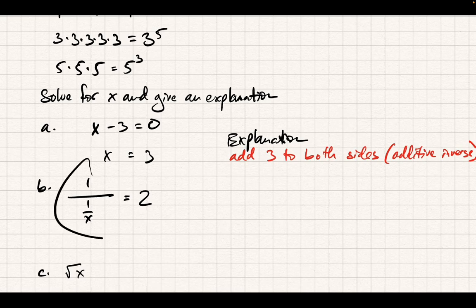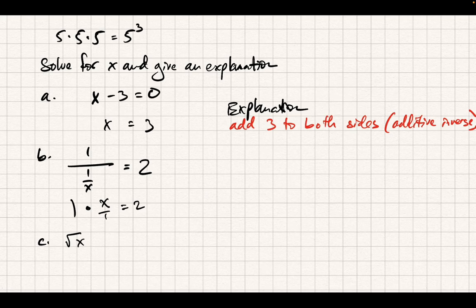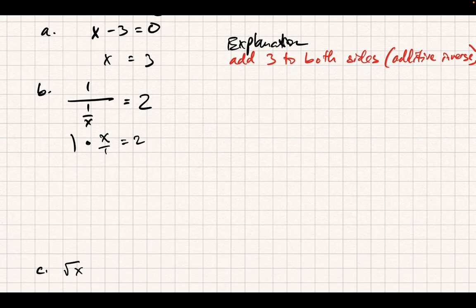What's the direct method for B? Multiply both sides by 1 over x. I think you guys call it copy dot flip, right? Copy the numerator, dot, flip the denominator, x over 1. Then what? Multiply by 1.